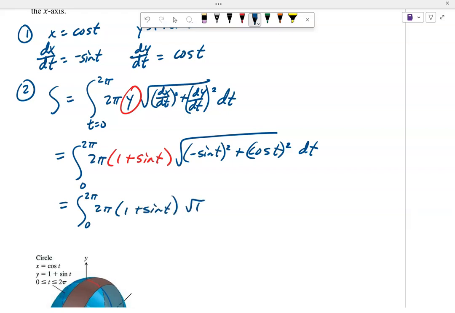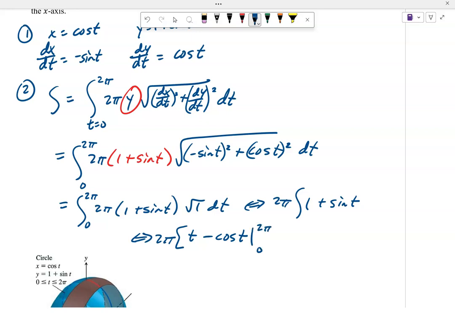So we got square root of 1 there, dt. I could put that 2 pi out front, taking the integral of 1 plus the sine of t. And so we've got 2 pi, integral of 1 is t, integral of sine is minus cosine t, going from 0 to 2 pi.